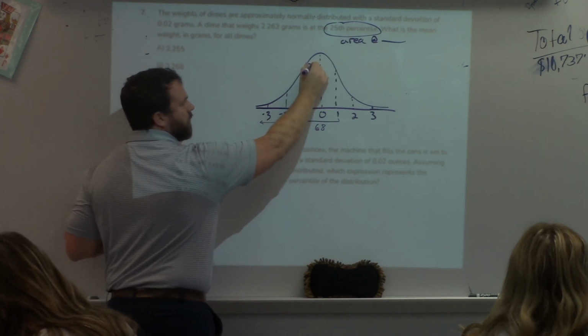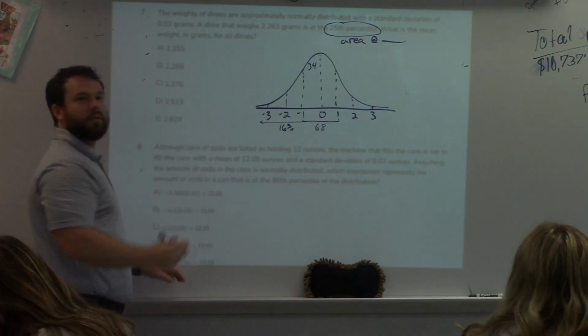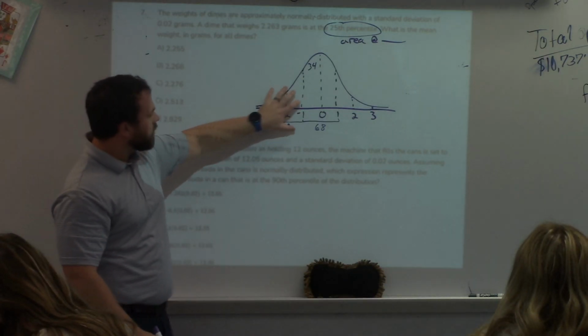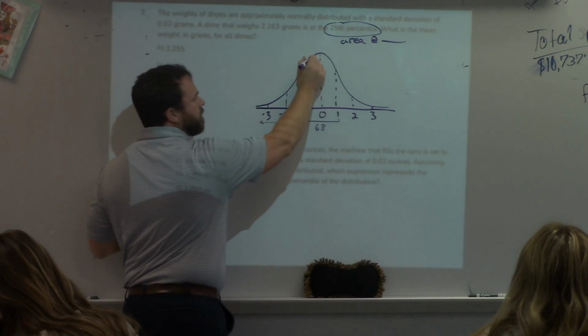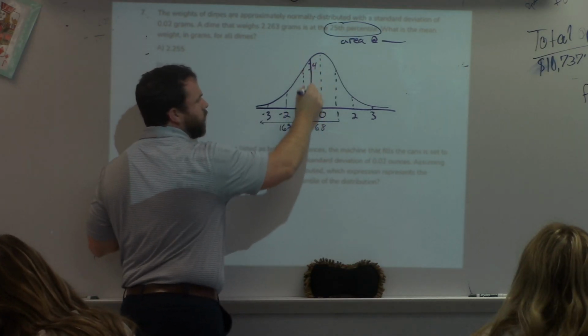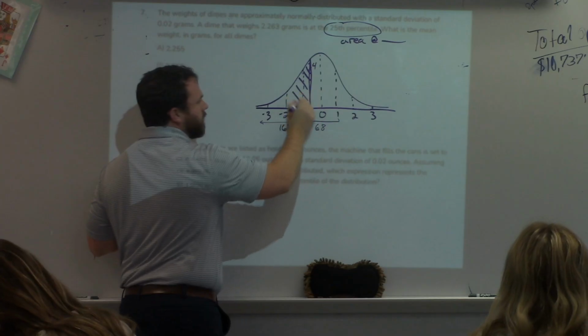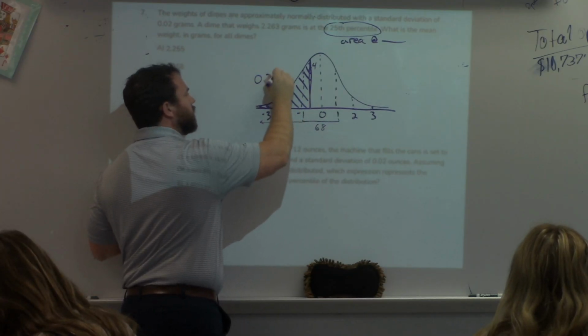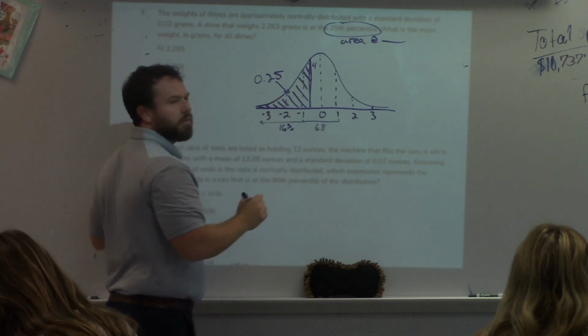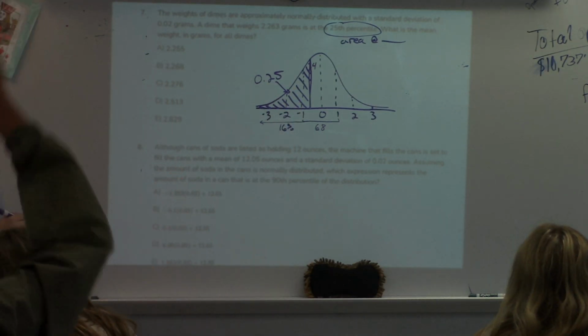Isn't this 34% just on that half? Knowing that to the left of 1 below is 16%, I know the 25th percentile has to be somewhere in here. So this area is 0.25. Don't forget, what is the area under that curve always? 1, for 100%.